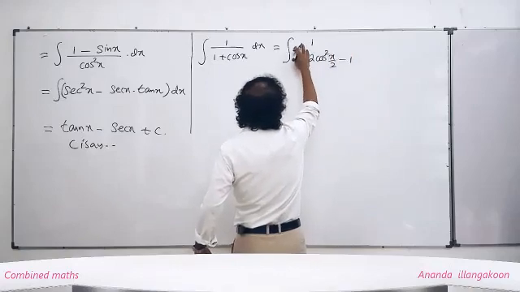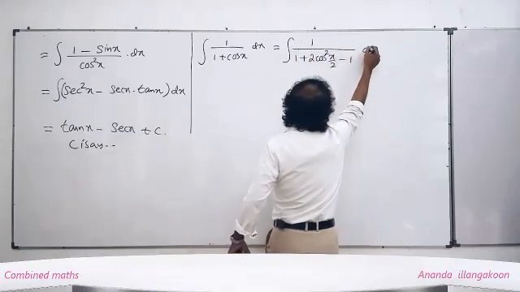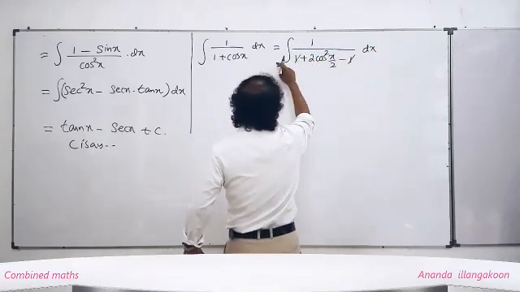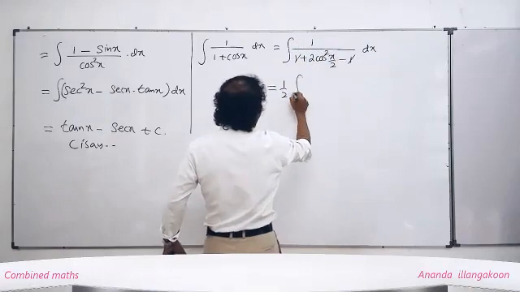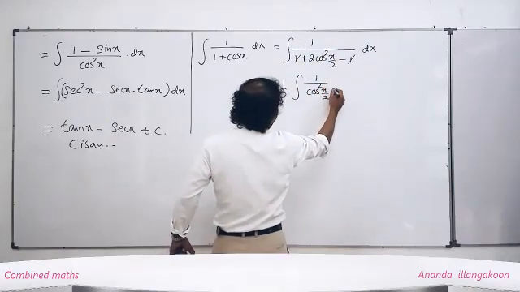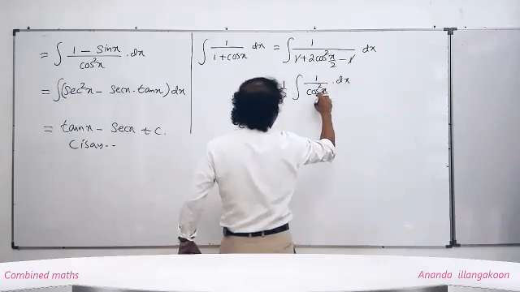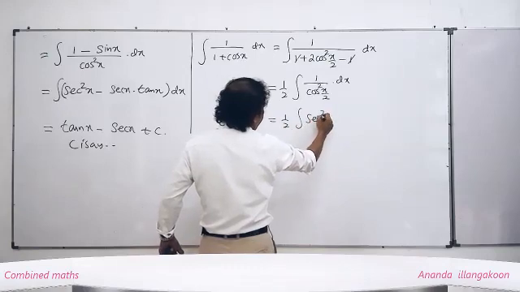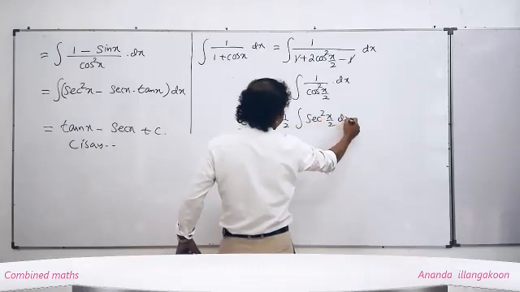This way, the 1s cancel out, and this 2 you can take out. Then 1 upon cos squared is sec squared x by 2 dx.